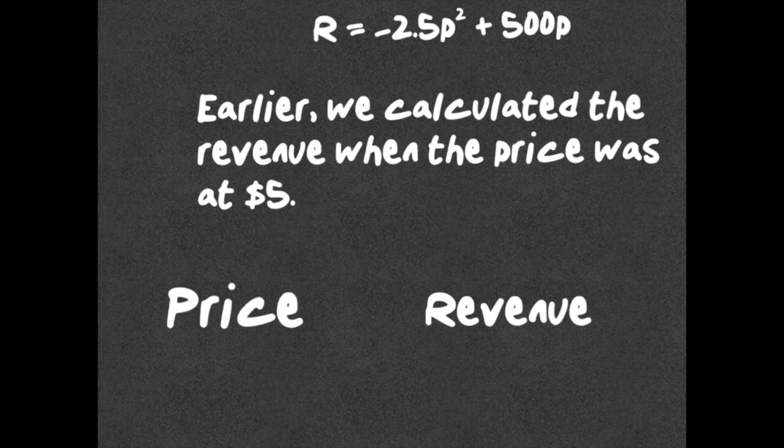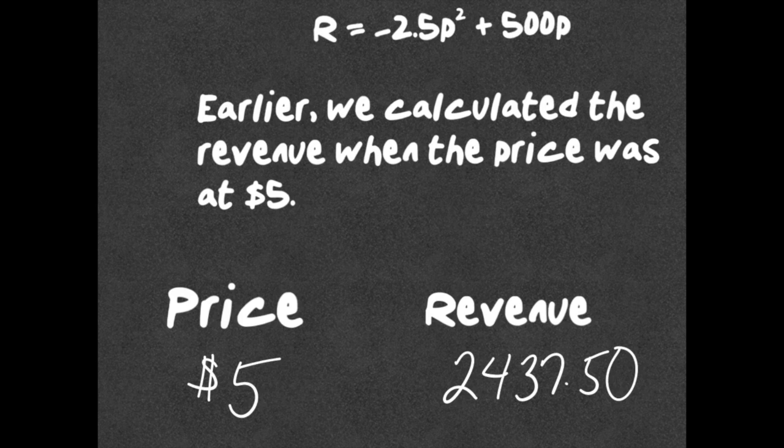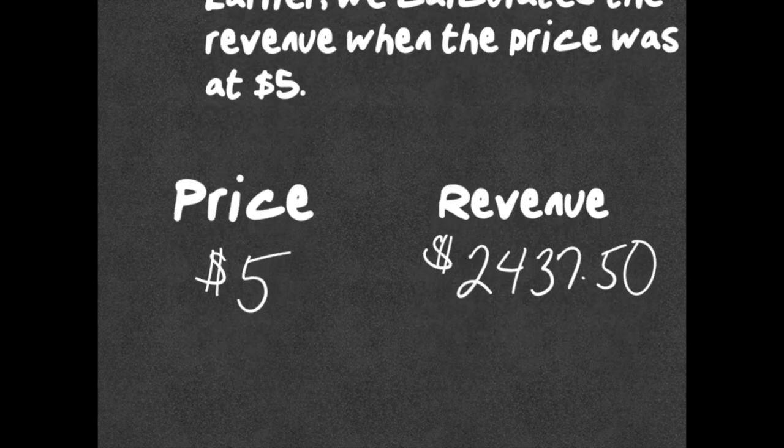So we have price and we have revenue. Remember, price is the input, revenue is the output. For $5, the revenue was $2,437.50. What happens if we increase the price of the software package?